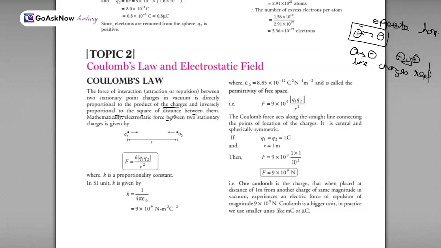Mathematically, the electrostatic force between two stationary charges is given by F is equal to K Q1 Q2 upon R square. For magnitude, the mod is written here also.